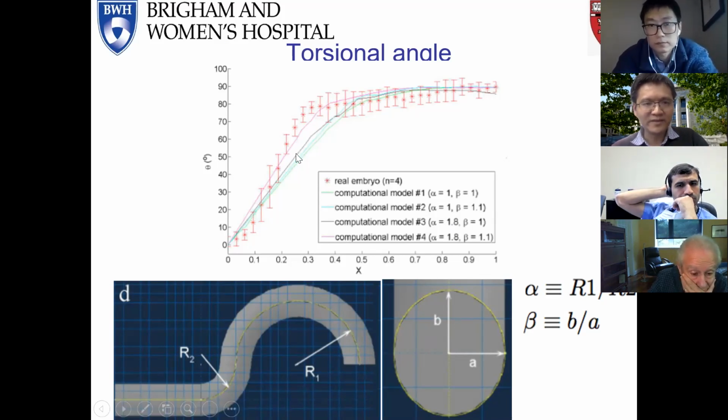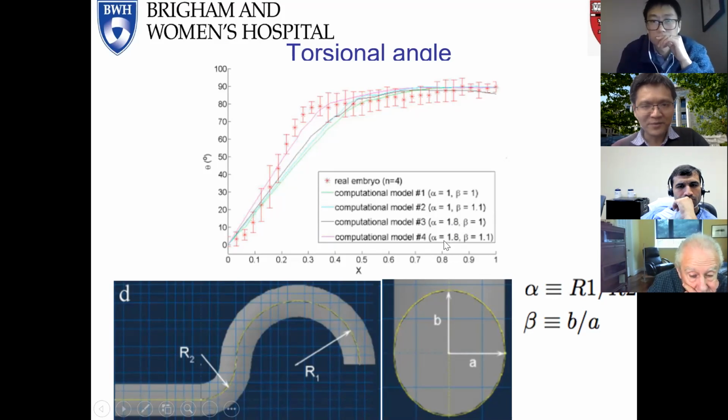In all cases, it gradually progresses to almost 90 degrees. It takes off almost linearly to begin with, and then it plateaus. But if we use the parameters taken from the experiments, then the agreement is the best between our simulation and experiments.